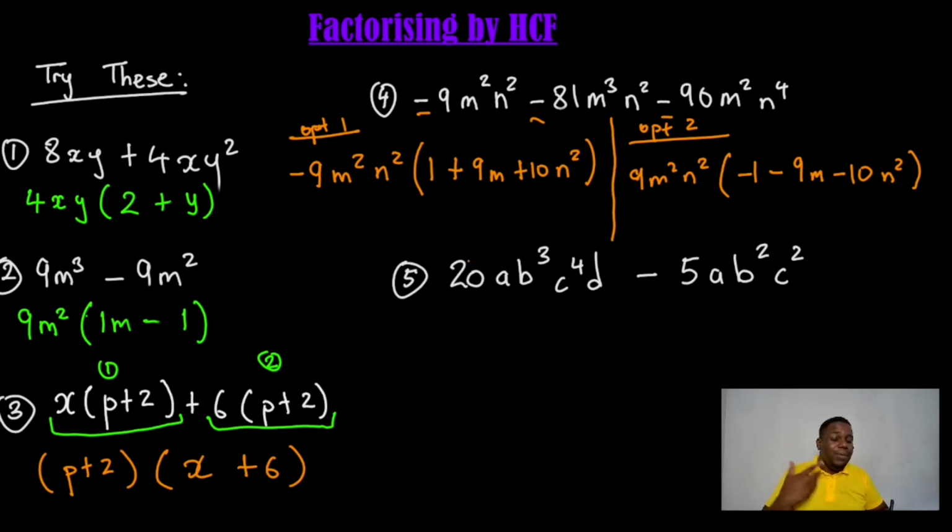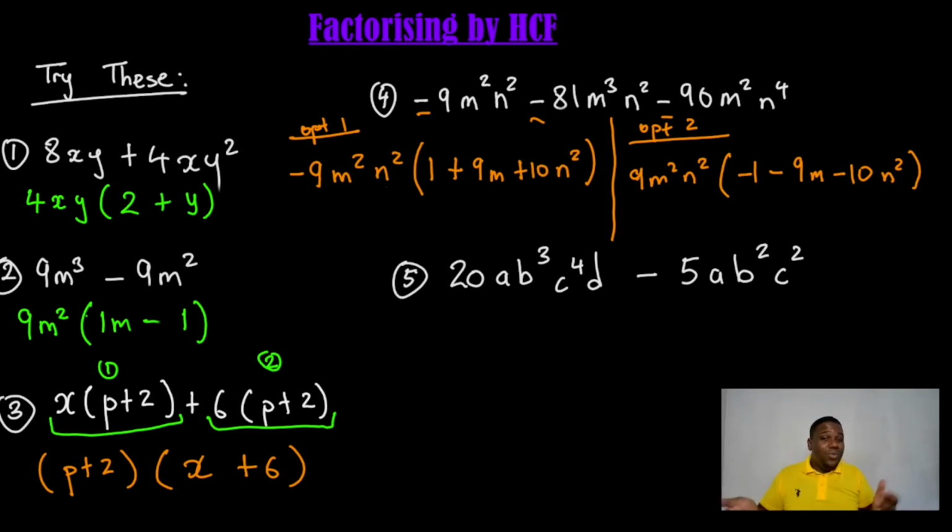But if we use a positive highest common factor, we don't factor out the negative, then each of the terms will remain negative inside of the bracket. That's the only difference. So any one of these ways that you work it out, you're going to get the marks once you do it properly. And if we were supposed to expand these, it doesn't matter. We're going to still get back the same answer.